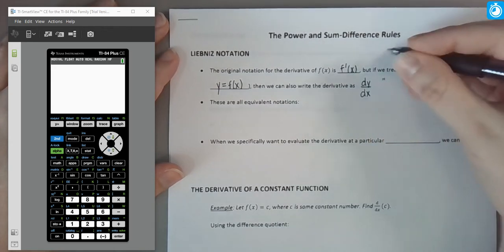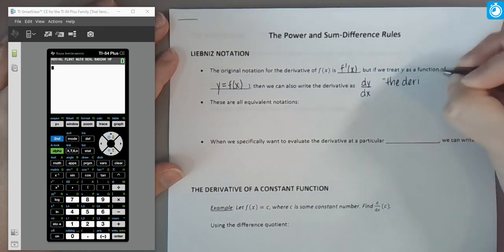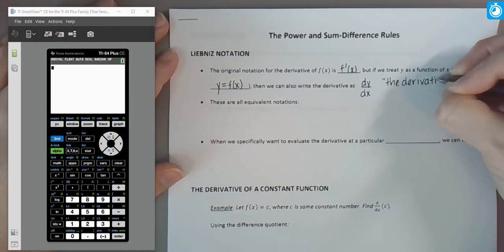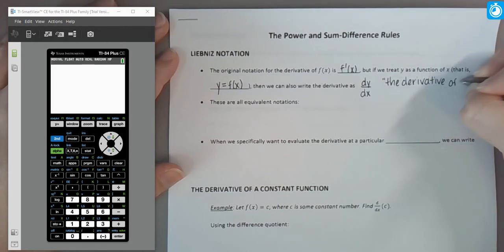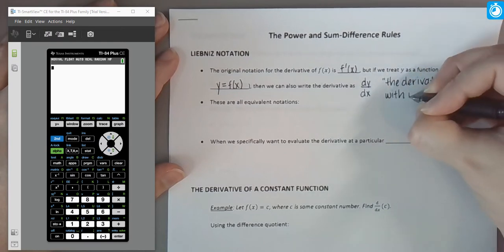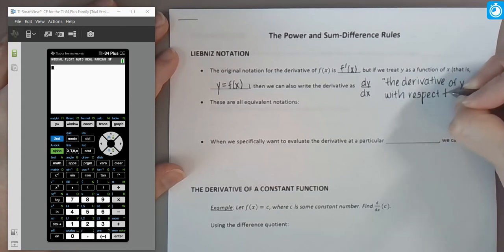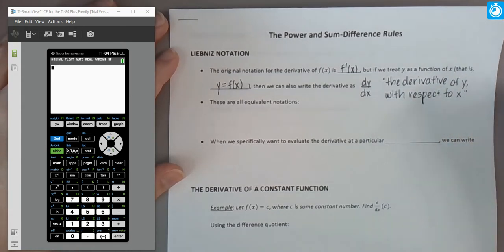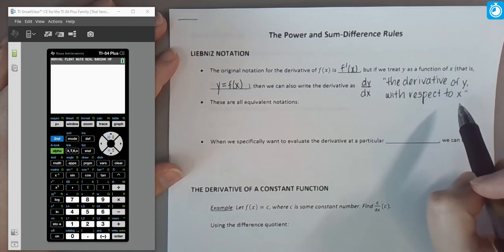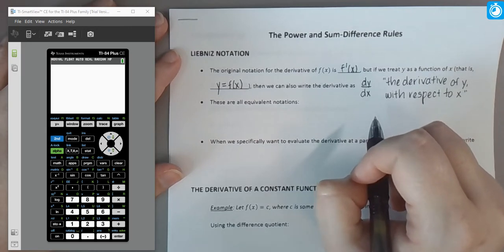The way we would read this is the derivative of y with respect to x. So we're thinking of y as our output, we're thinking of x as our input, and we're taking the derivative, treating x as the input variable. So this is another notation that can be used to represent the derivative.